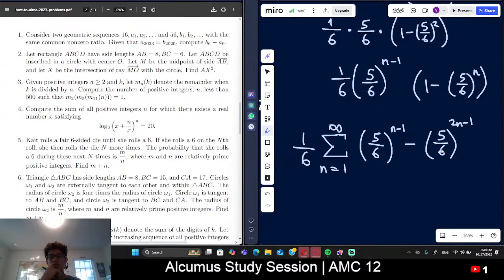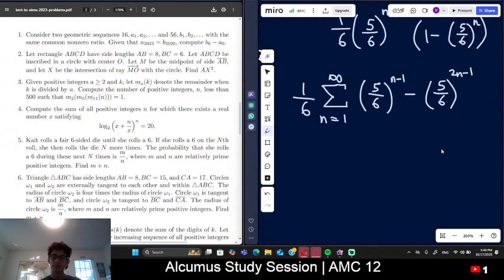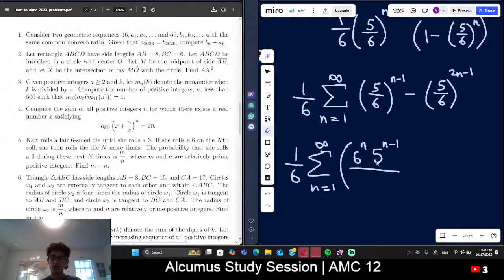One way we can think about rewriting this is as 6 to the n times 5 to the n minus 1, divided by 6 to the n times 6 to the n minus 1, which is 6 to the 2n minus 1, minus this thing over here.